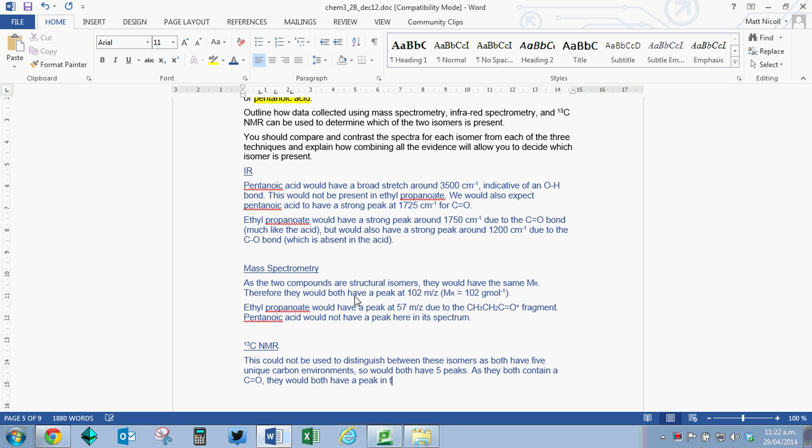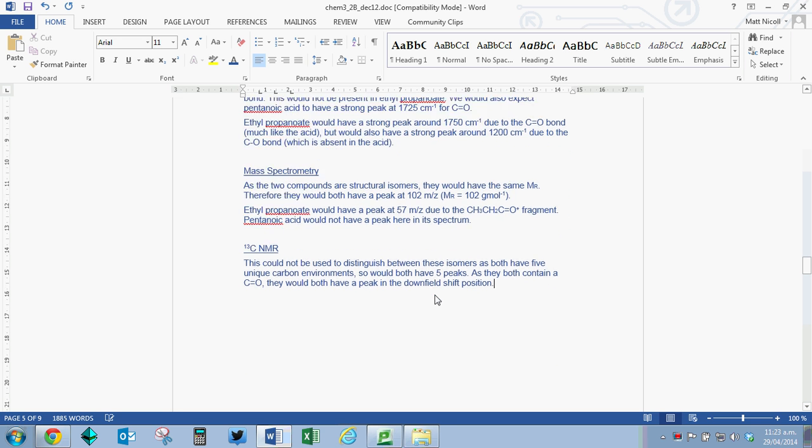Have a peak in the downfield shift position. That's a good way to phrase it. So you can't even use it to try and find the CO double bond, which should be downfield. So I've said there that it's useless, basically.